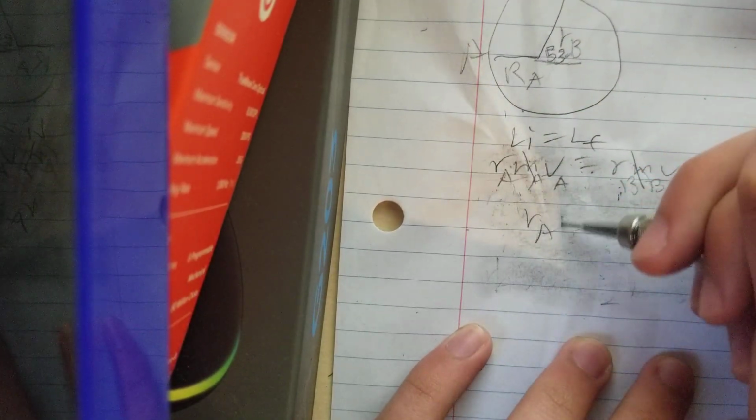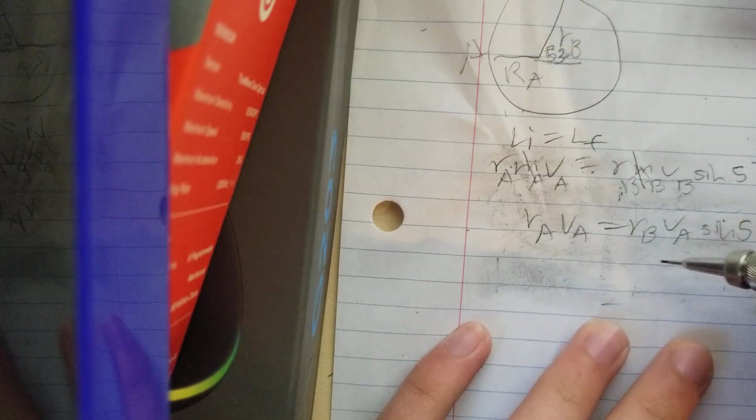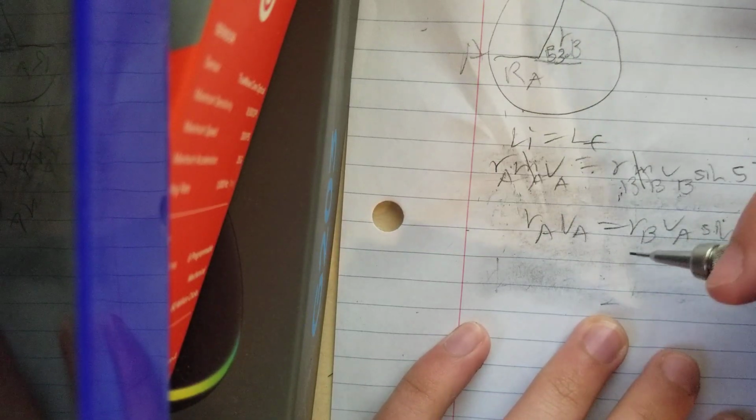And you can get rid of the mass, because the mass is the same for the moon at both points. So r sub a times v sub a is equal to r sub b times v sub b times sine 53. And it told us that r sub b is equal to 5 over 2, which is 2.5, times r sub a.